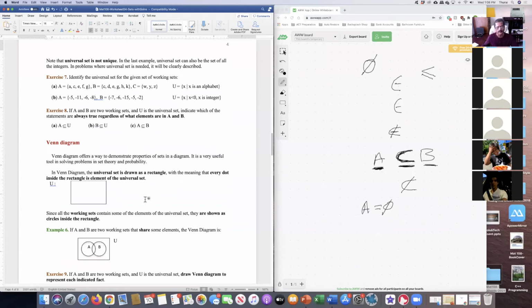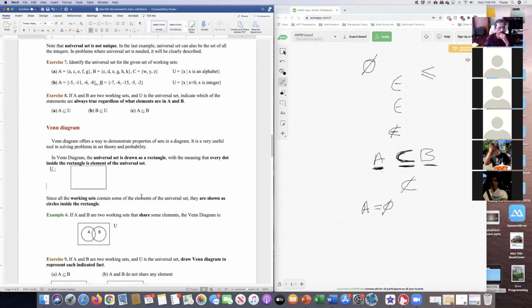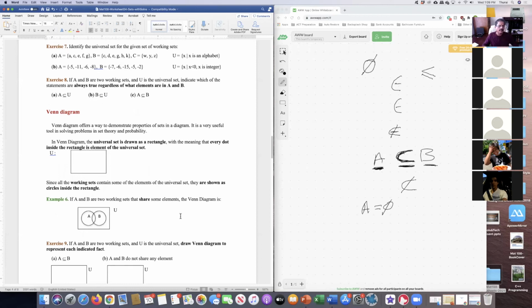We are preparing ourselves right now to do set theory problems, real life application problems that can be solved by this theory. To be able to do that, we're going to have to use this tool. Basically, you're going to use some diagrams to represent sets.